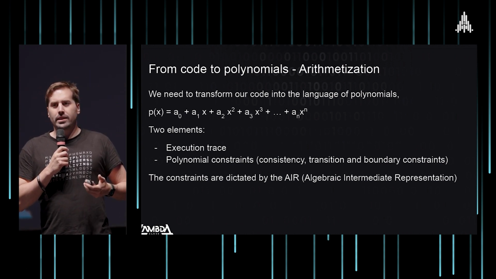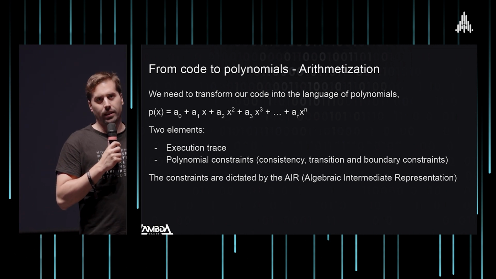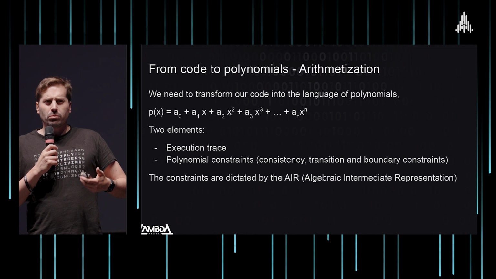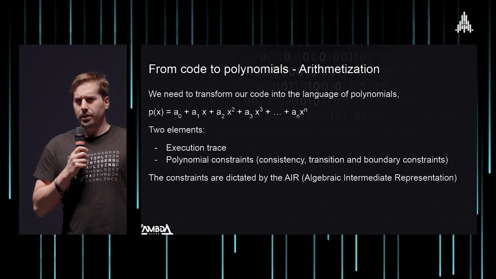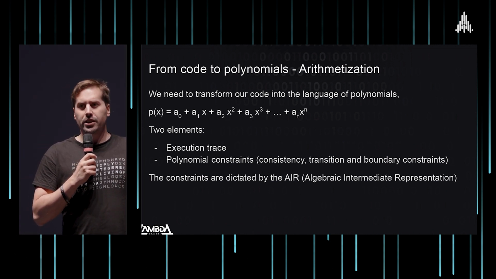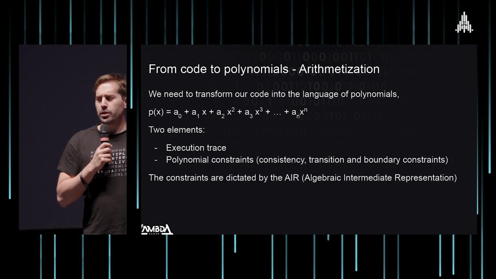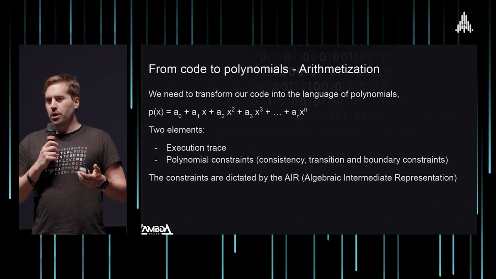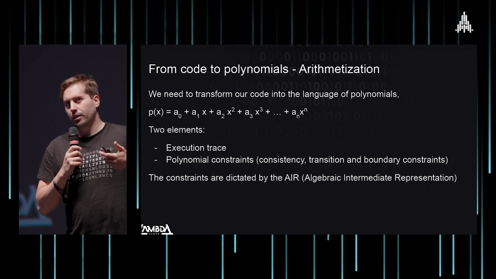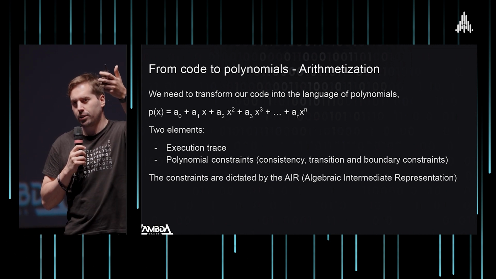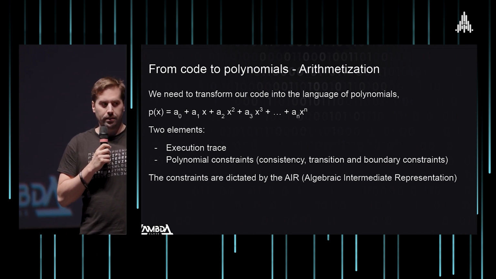Then we have some boundary constraints, which are those we need, for example, to show that the registers have been properly initialized and have the values they are supposed to have. And then we have transition constraints, which tell us that we made a valid transition from step i to step i+1.